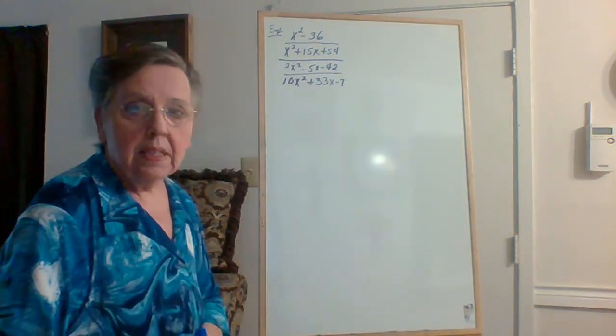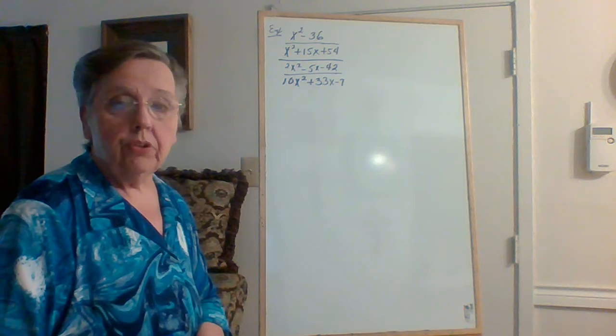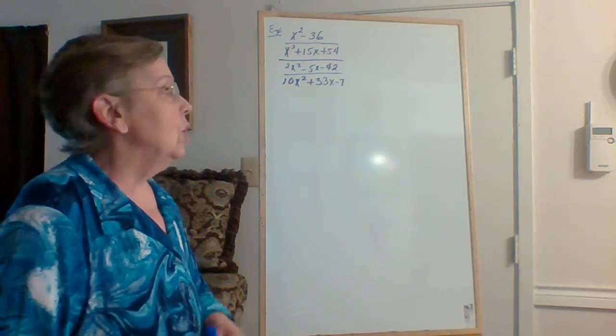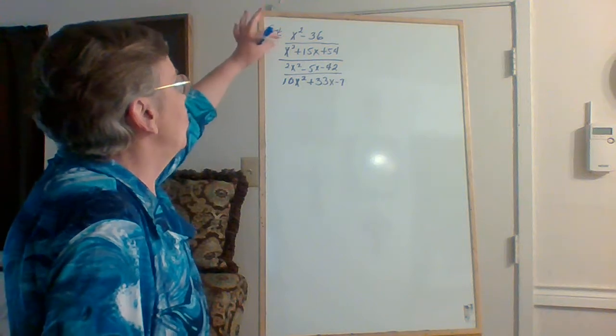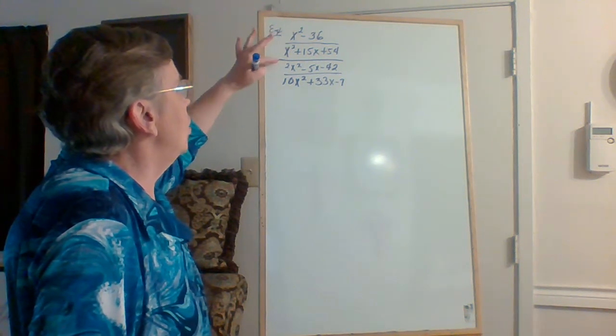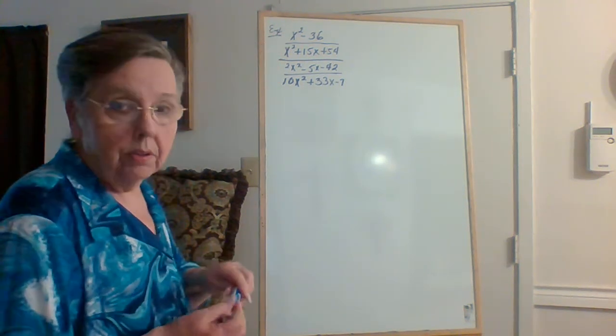Oh boy, doesn't that look like a complicated fraction? Remember what we did the last time. We have a fraction over a fraction.